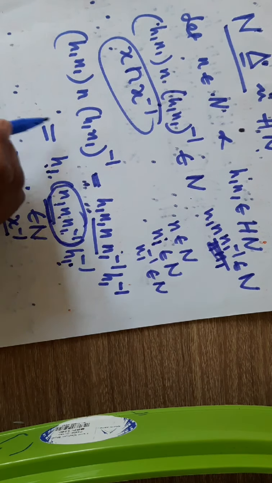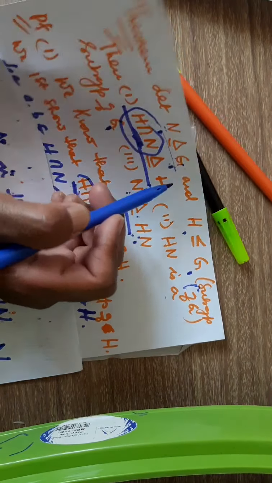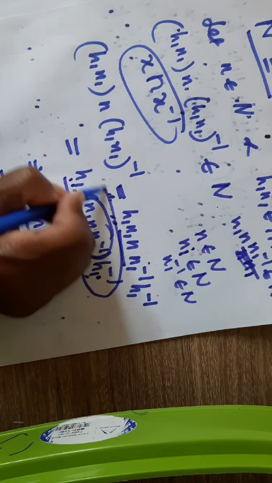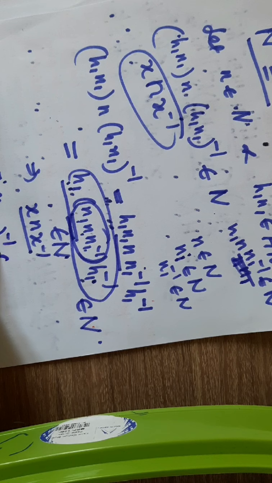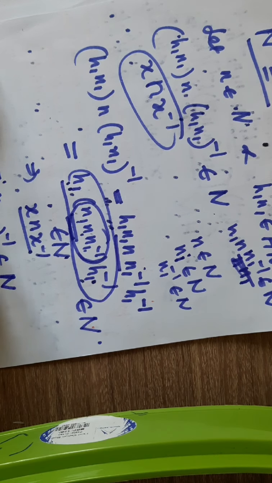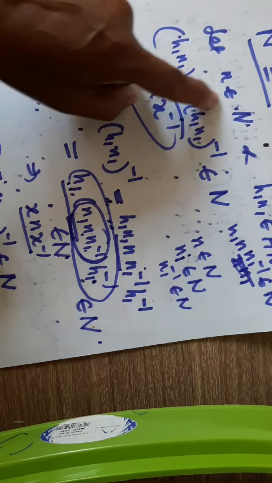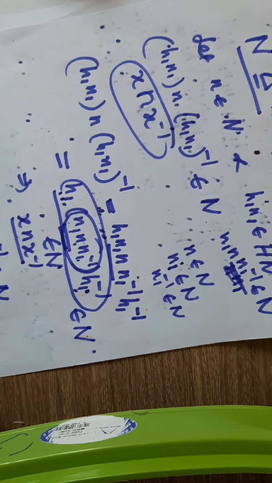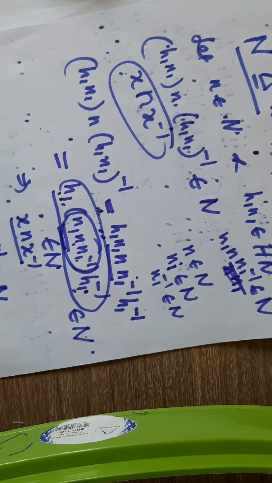As N is a normal subgroup of G, because this is given, this whole thing will belong to N. So this implies that h1 n1 into n into h1 n1 the whole inverse belongs to N, which means that as this element x is an element of HN, N is normal in HN.